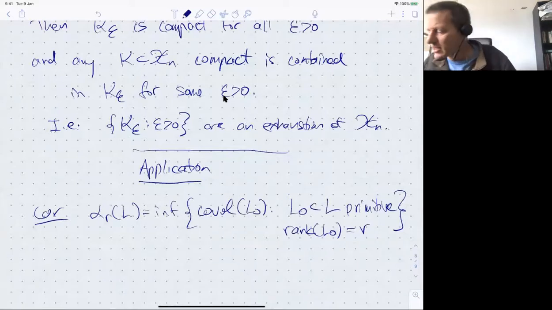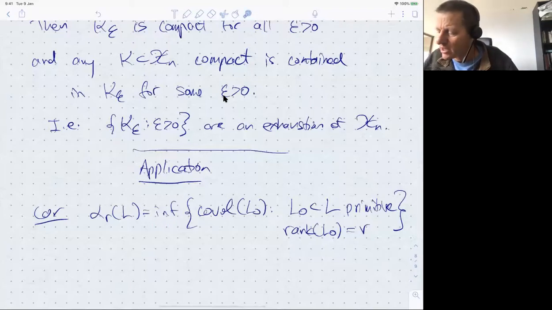And I said, without proving it, that this infimum that appears in this definition is actually a minimum. In other words, that there is an L0 which realizes this infimum.